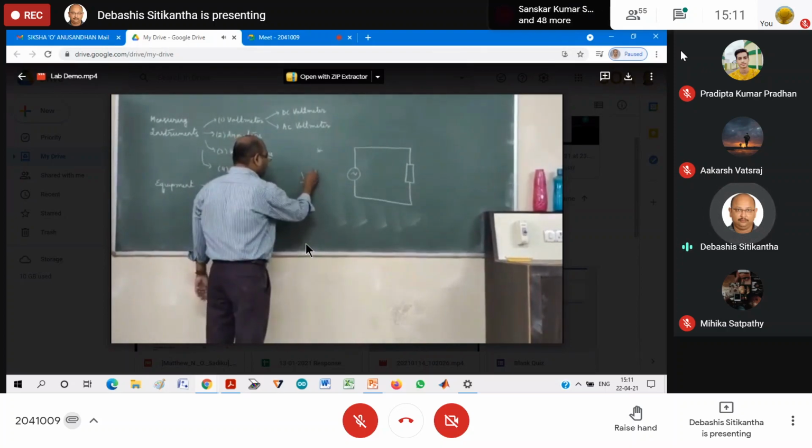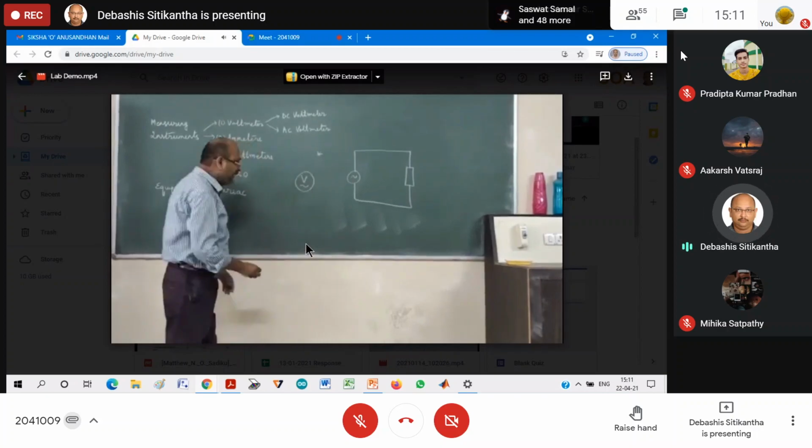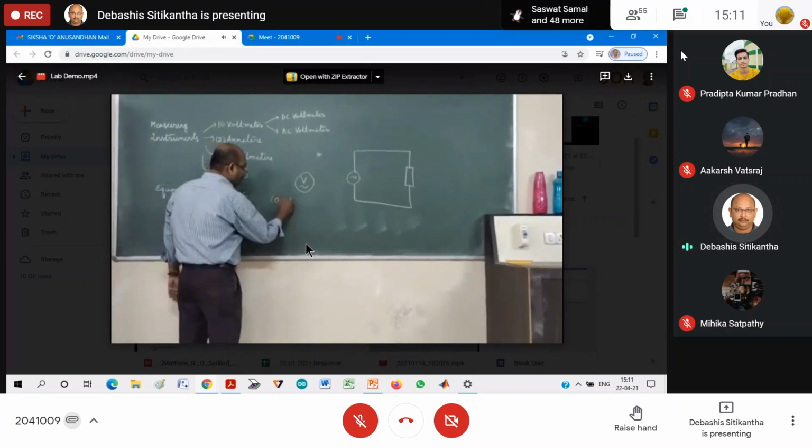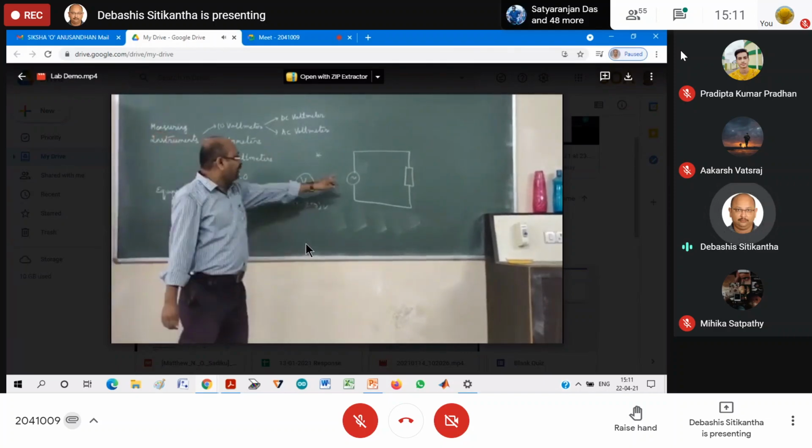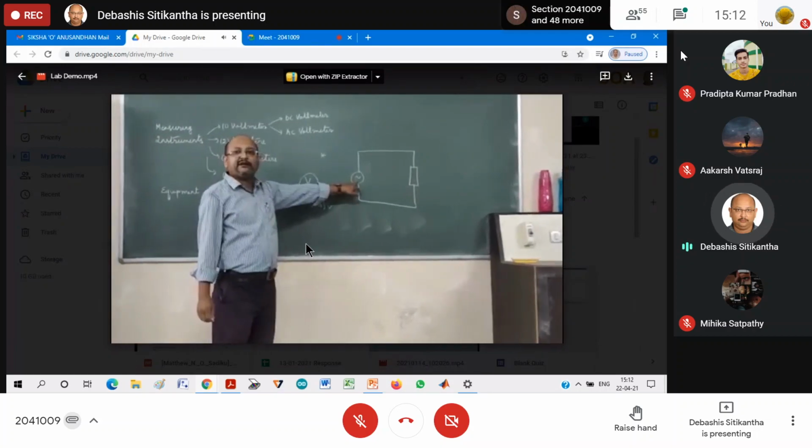I have an AC voltmeter over here, having a range from 0 to 150 to, let us say, 300 volt. I don't know what voltage is produced by this source.